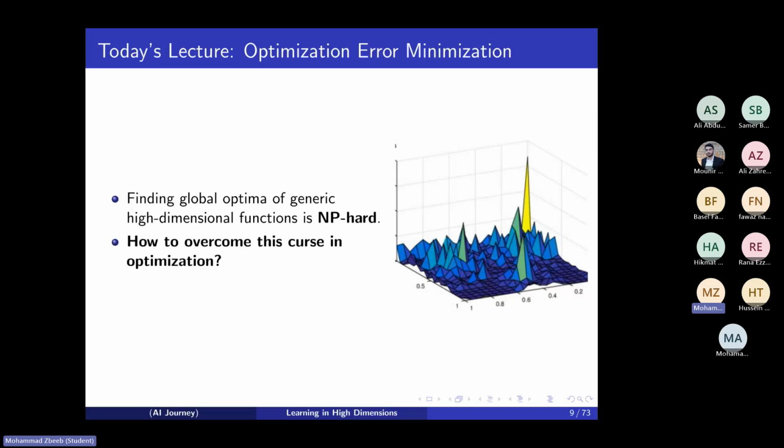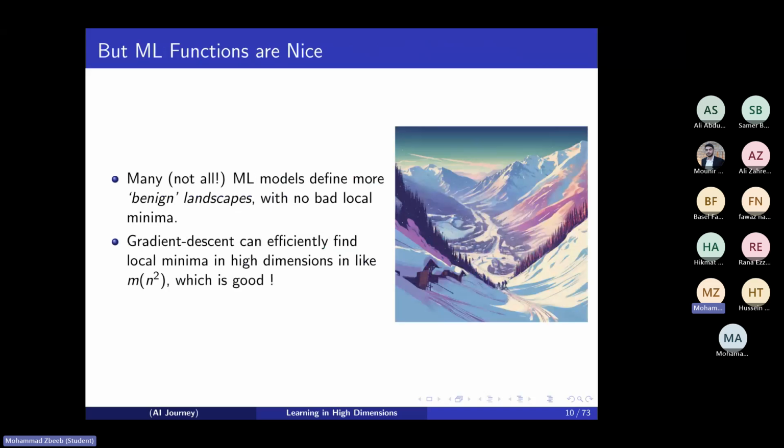Finding a global optimum, meaning the weights that give us a perfect solution in deep learning, is an NP-hard problem. For now, think of it as a very complex problem. In this lecture, we're going to look around the minima in order to overcome this curse in optimization. So today we're scoping in on the optimization error, not the statistical or the approximation error.